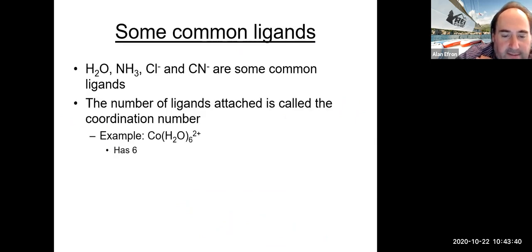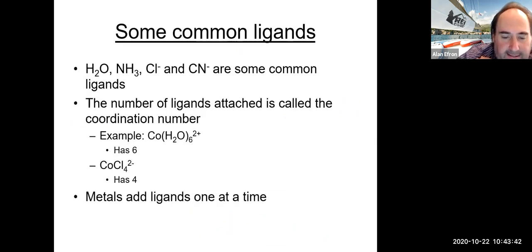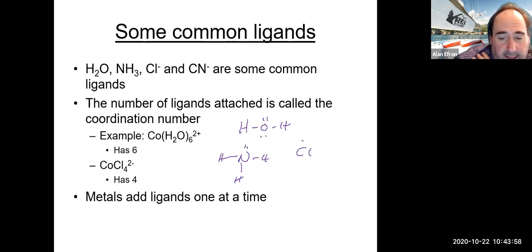Some common ligands, and we'll talk more about these guys in a later chapter as well, but water's a good ligand, NH3 is a good ligand. Again, if you look at water, it looks something like this. It's polar, it's got those non-bonding electrons it can share. NH3, same deal. Chloride, again, has a negative charge and some electrons and stuff like that.